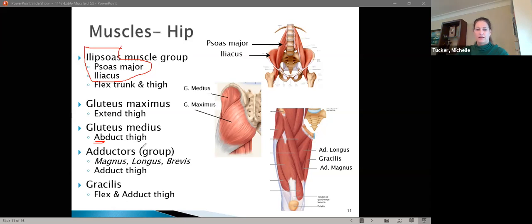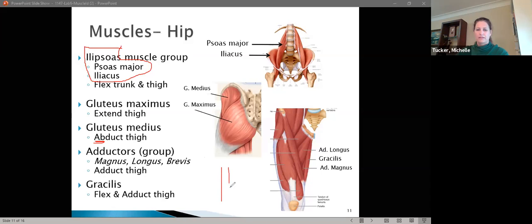And then we also have a group of adductors that you only need to be able to identify as a group. That's primarily because the main one that you see in the torso model and in the leg model is going to be adductor magnus.